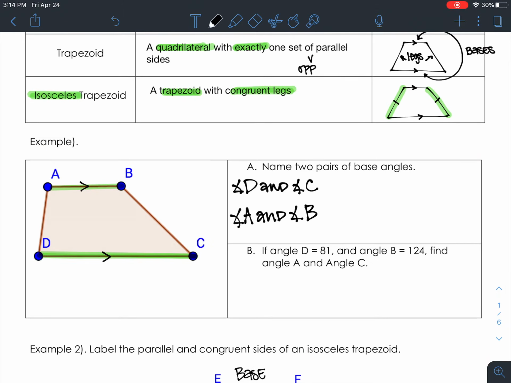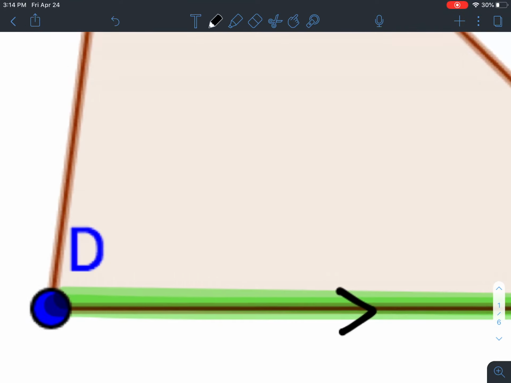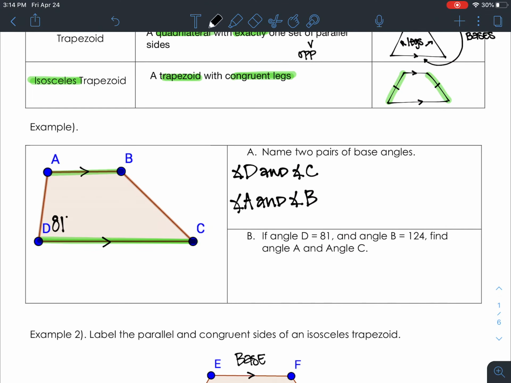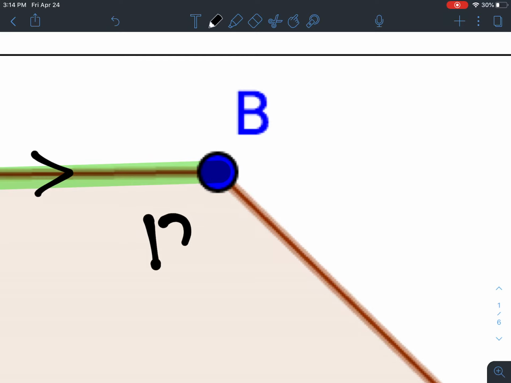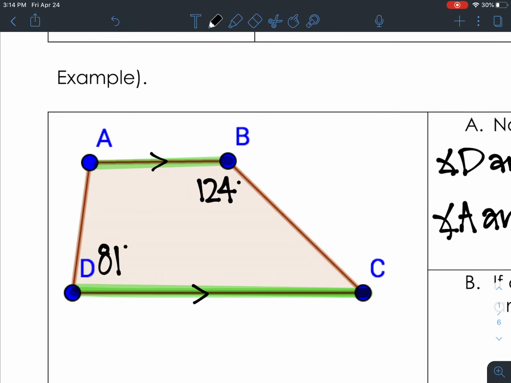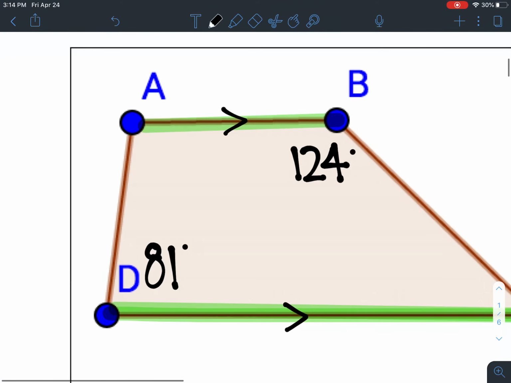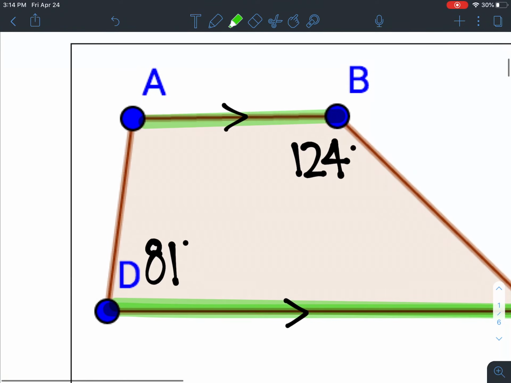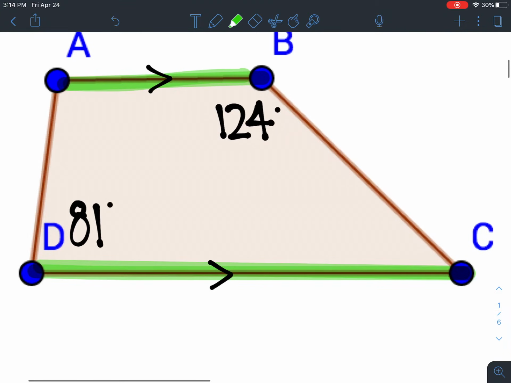So if you look at part B then, it says if angle D is 81 degrees, so angle D is 81 and angle B is 124, we need to find the other two angles. So we're going to be using past information. What I want you to look at is the fact that AB and DC are parallel, and we're going to have AD be the transversal.